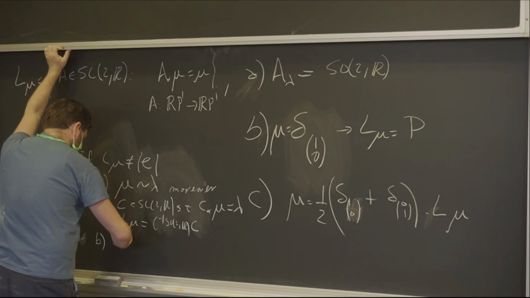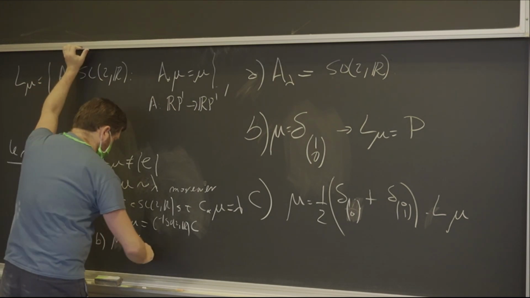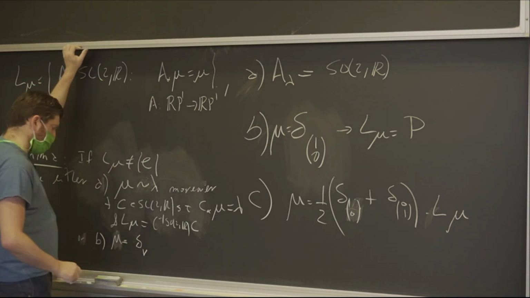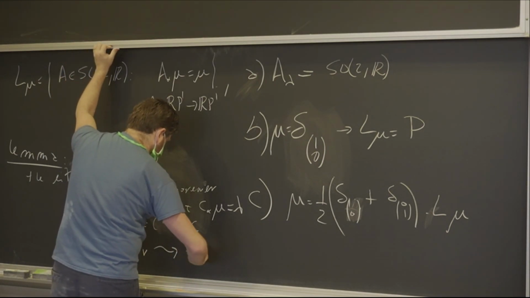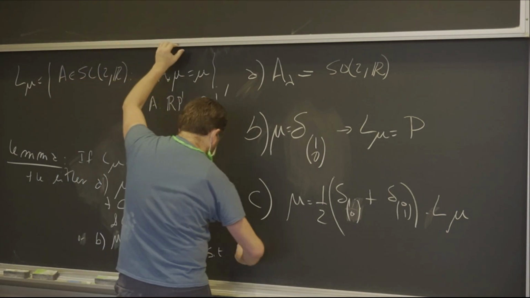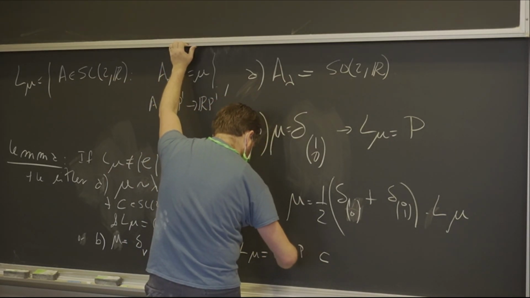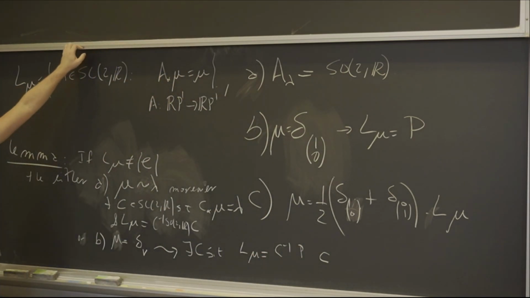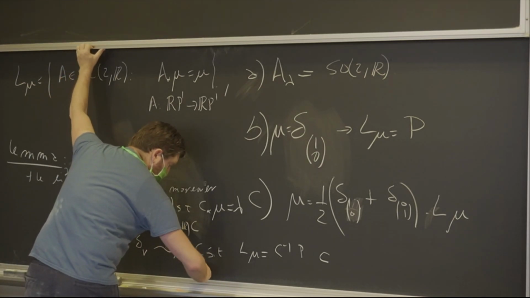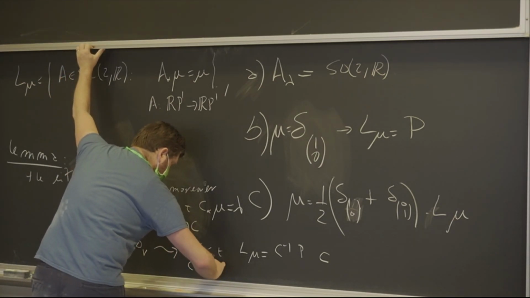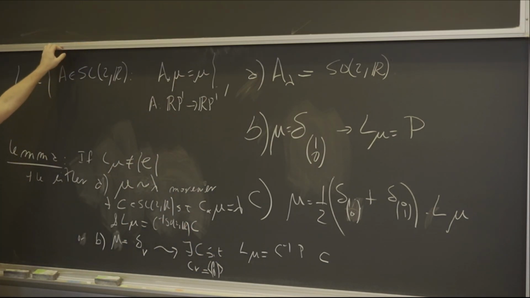Lambda is not lambda, mu is delta at some direction B, in which case, again, there exists a matrix C such that L mu is C P C inverse, and the matrix C is bringing the vector V, actually any matrix sending the vector B to the 1, 0, or to the line generated by 1, 0 will do the job.